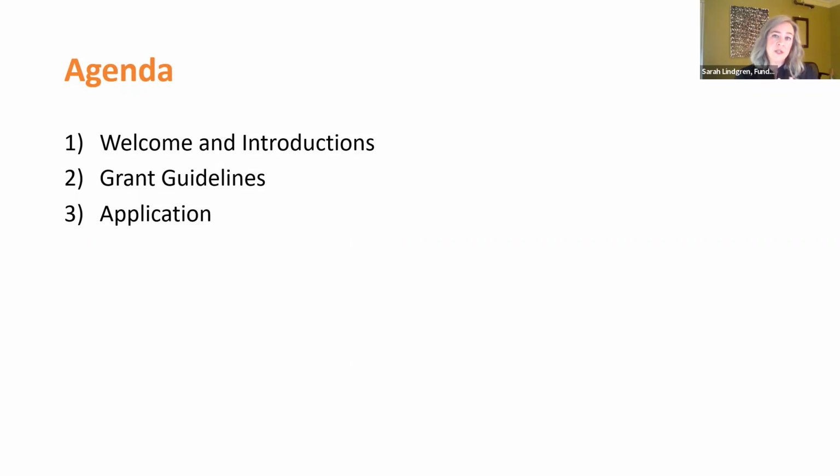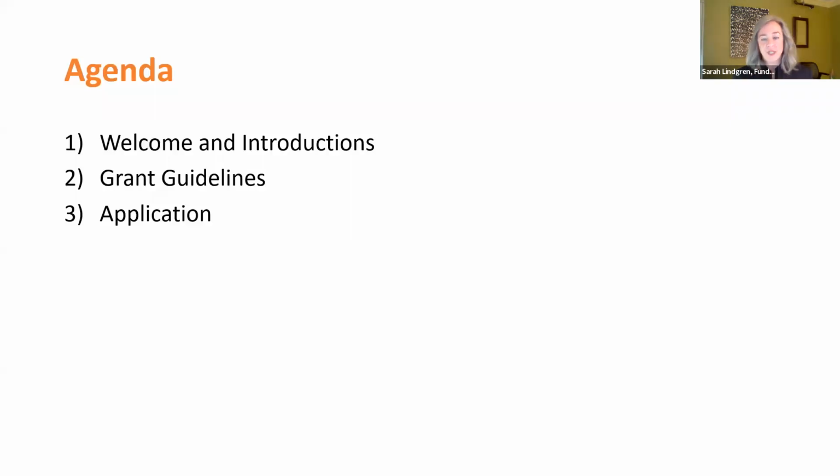So you will see that there are some slight changes in the application process this year. And you will see some minor changes as well in the grant year itself in terms of reporting requirements, et cetera. So nothing major in terms of change. So the process will be basically the same.